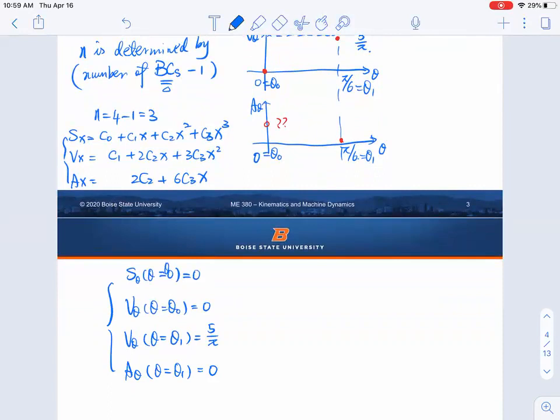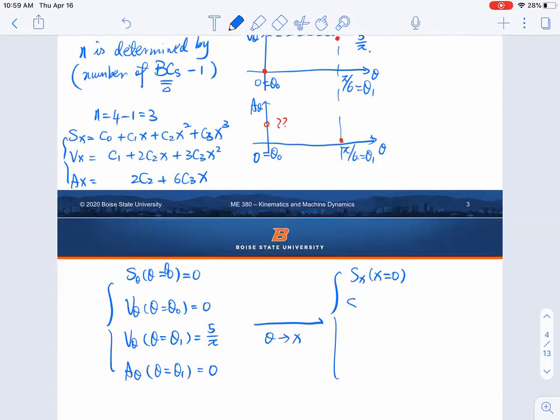Okay, so we have all the boundary conditions in the theta domain, but as I said, all the equations are in the x domain. So that means we need to convert everything from theta to x. Let's find all the boundary condition equations. When theta equals theta naught, your x equals 0. Always remember that when x equals 0, that's where your theta starts. When x equals 1, that's when your theta ends.